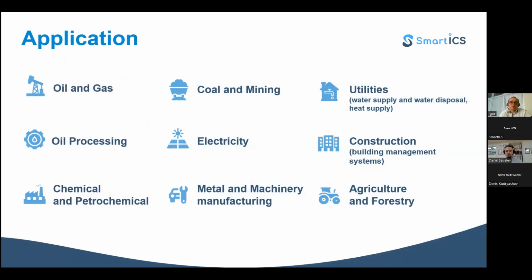SmartICS can be used for relatively simple tasks in utilities, or something more sophisticated in oil and gas, power generation, or even renewables. But it is moving on to different fields, increasing the application. So even smart irrigation and agriculture, manufacturing, everything is within our scope.